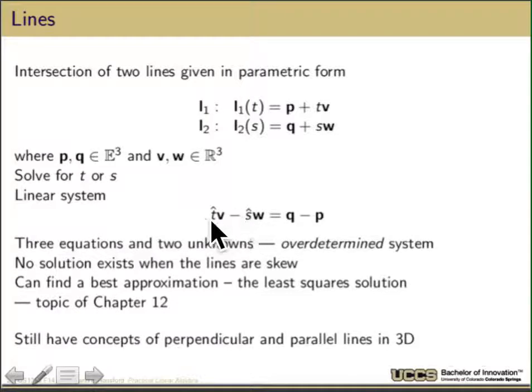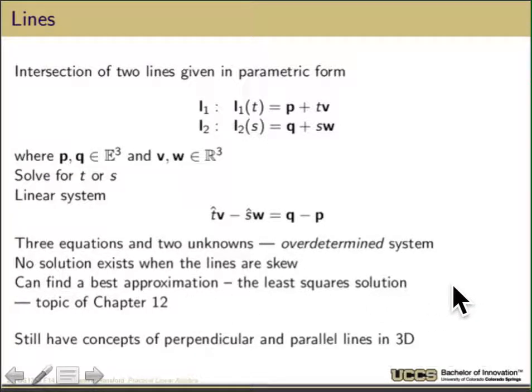So we have three equations and two unknowns. And hopefully you remember from high school that that's not always a good position to be in. It's what's called an overdetermined system. And very often, no solution will exist that will satisfy all of those at the same time. Now, we can't talk about a technique that will give us the best approximation or the point where the lines come closest together. That's the topic of chapter 12, and we'll talk about that later.